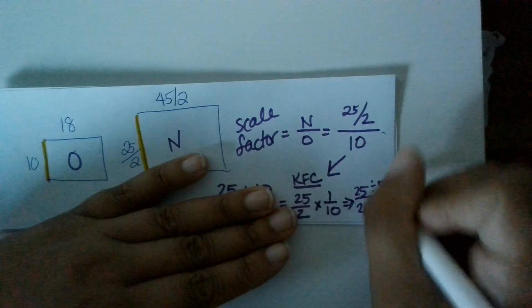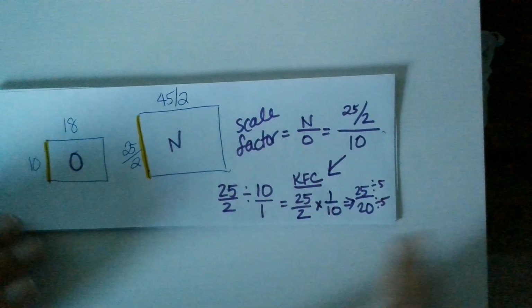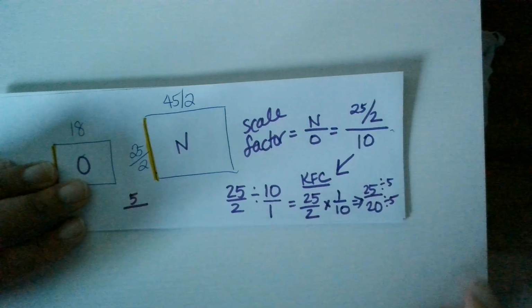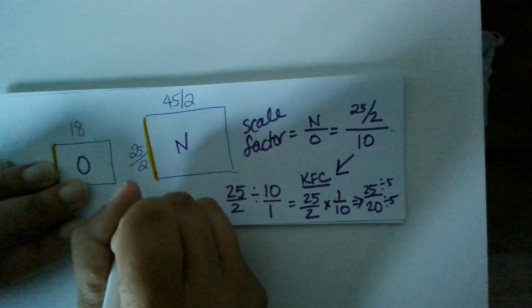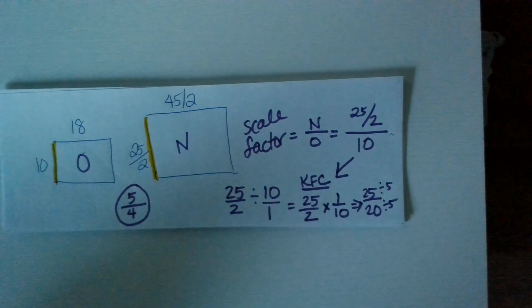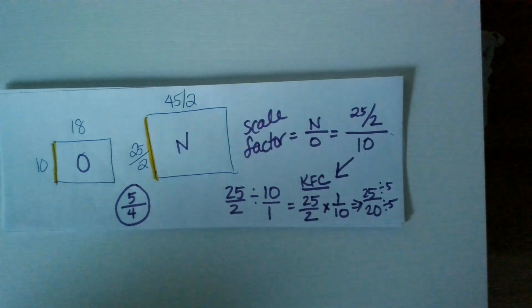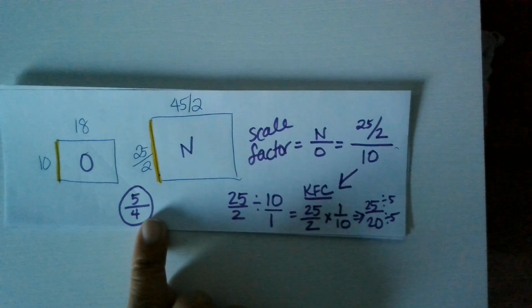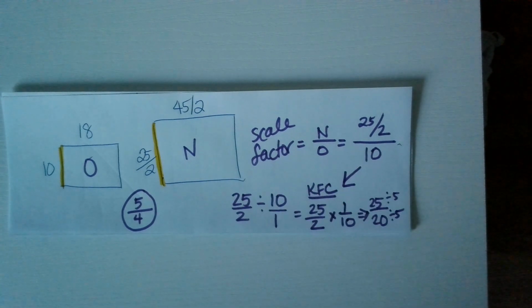We can reduce these top and bottom by 5. And if we do that, 25 divided by 5 is 5. 20 divided by 5 is 4. And that is about as far as I can go. So that is my scale factor for this image.